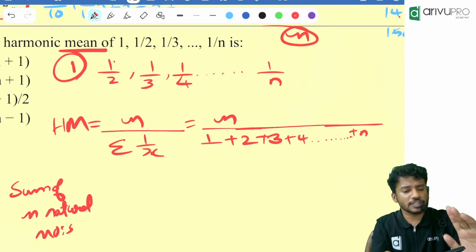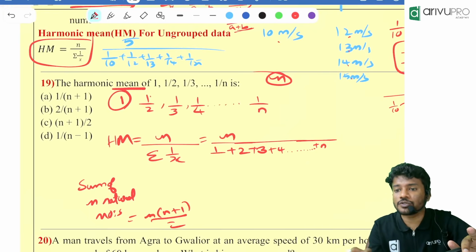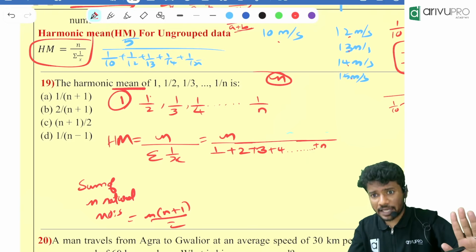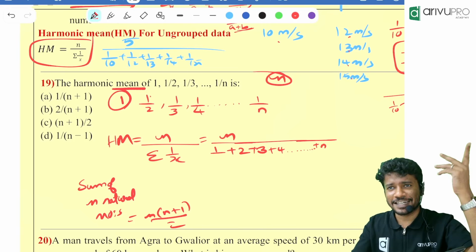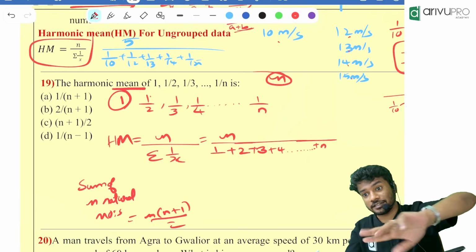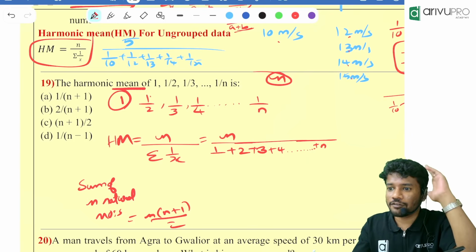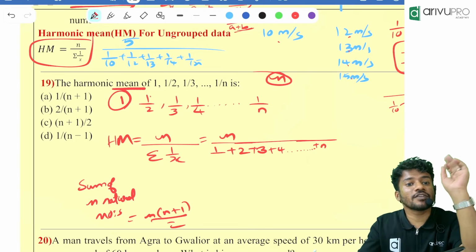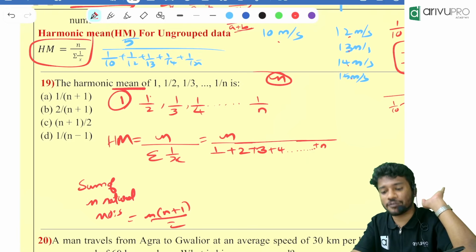What is the formula for sum of n natural numbers? n into n plus 1 divided by 2. Do you remember this? Long back, we studied it. Surely you had studied it in school, because I studied it in 7th or 8th standard for the first time. Then it came back in 9th standard. Then it was there in 10th standard. Till 12th standard, one way or the other, you would have seen it somewhere. Okay, n into n plus 1 divided by 2.